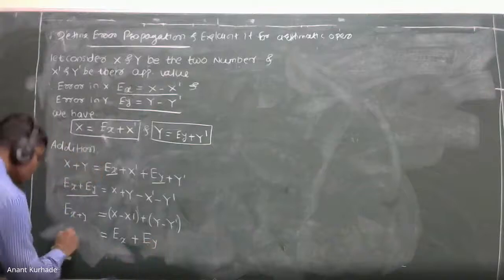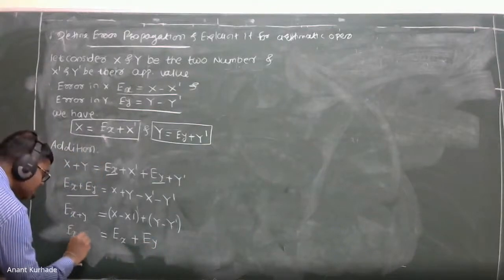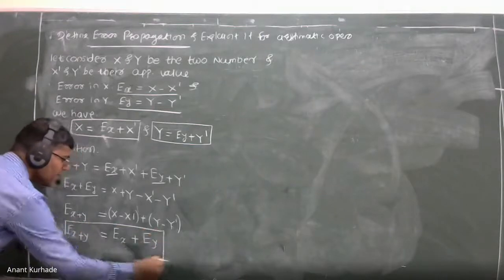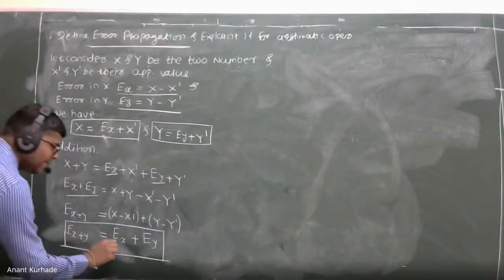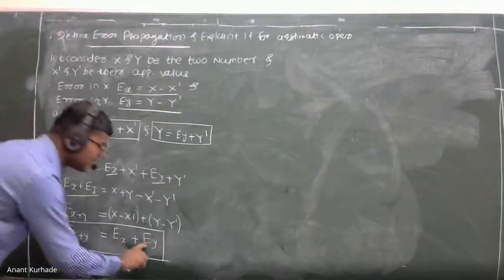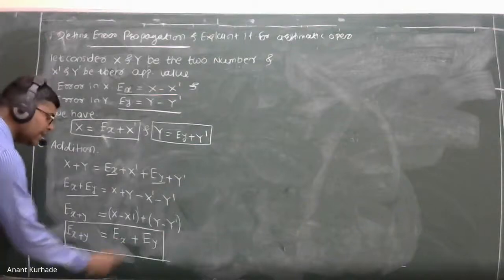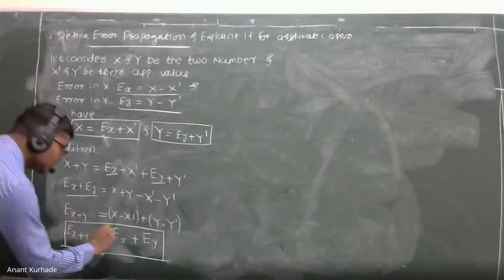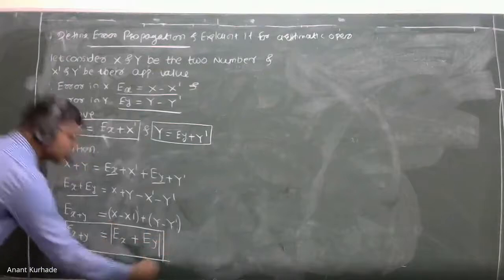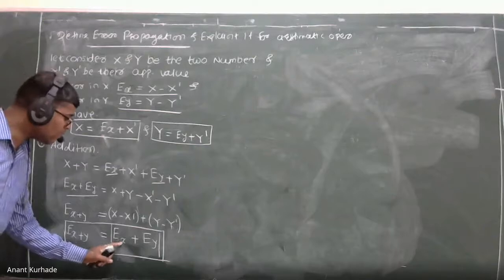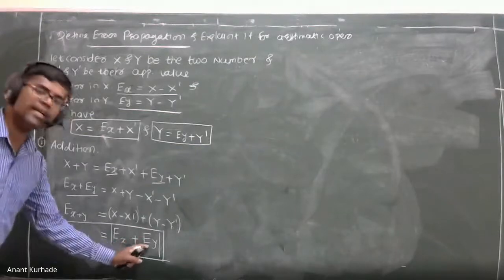So the total error in addition is error in x plus error in y. Error is always in mod, so you can put the mod sign: error in addition is equal to mod of error in x plus error in y.